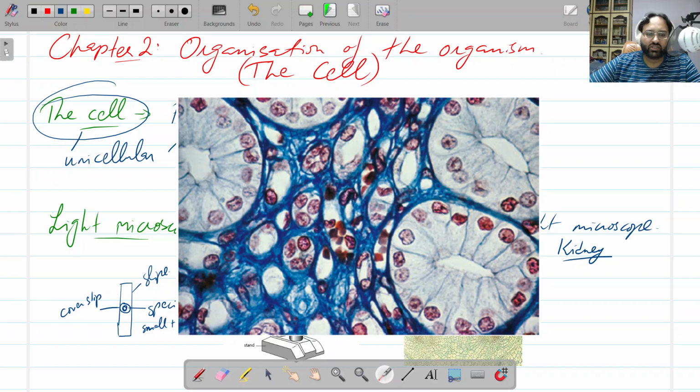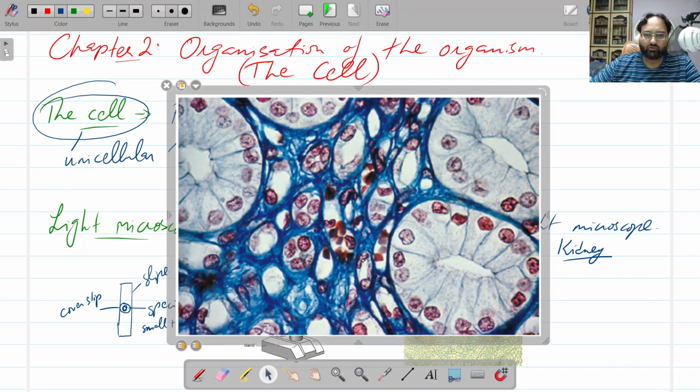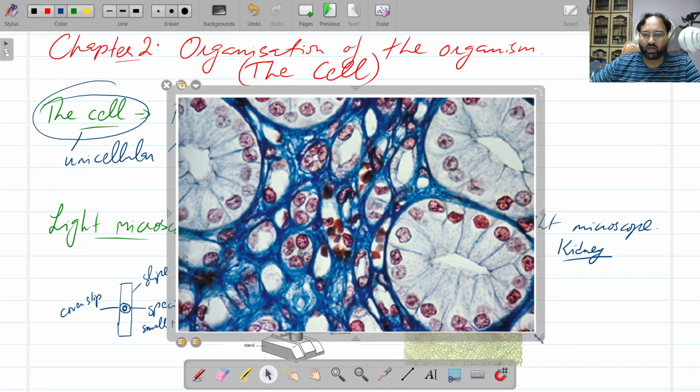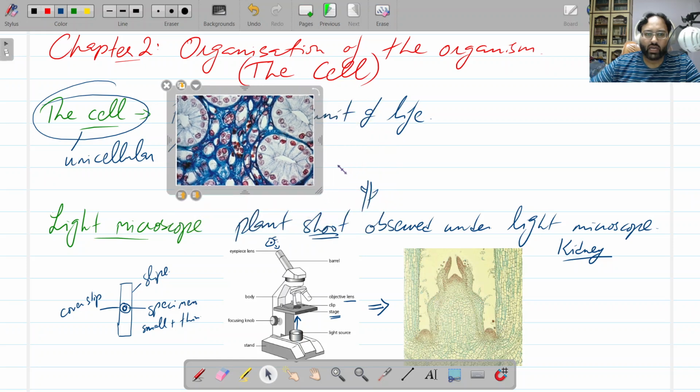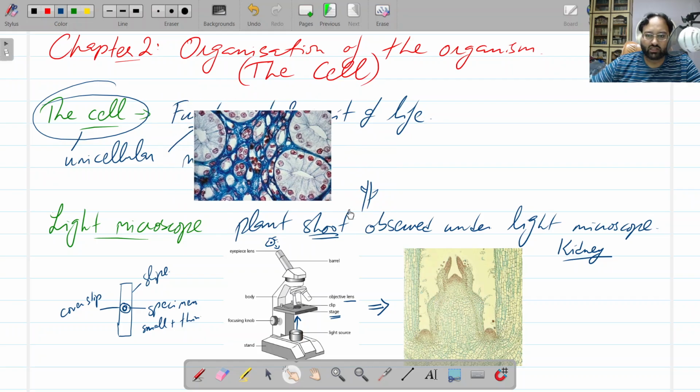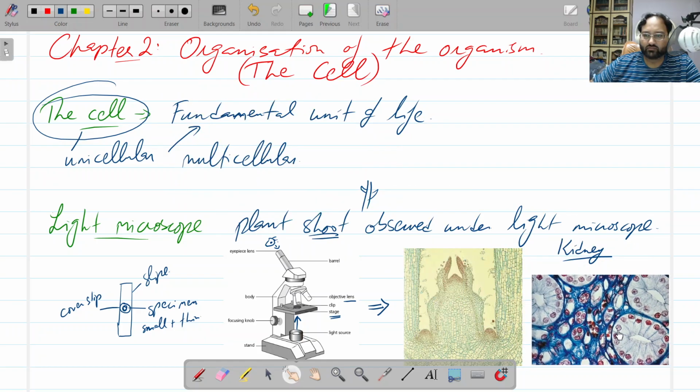So the difference being which organism and which part of the organism you are studying under the microscope. That obviously makes a difference.